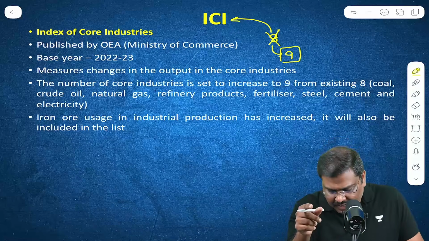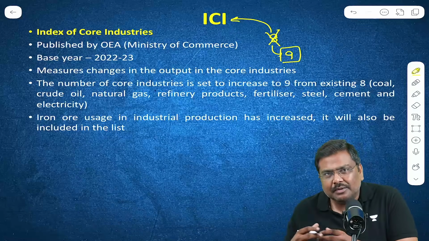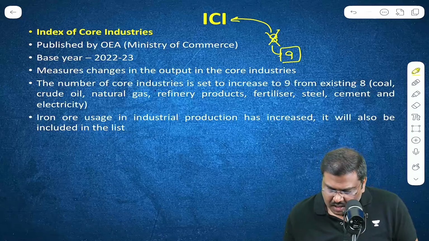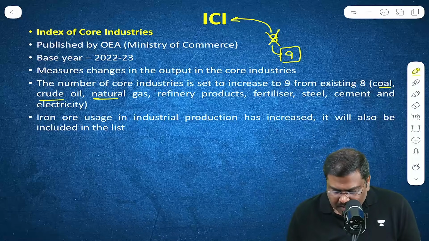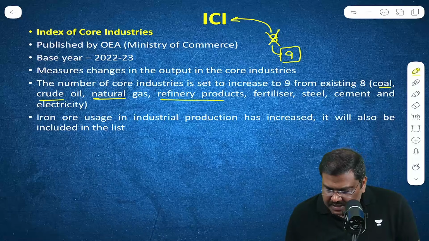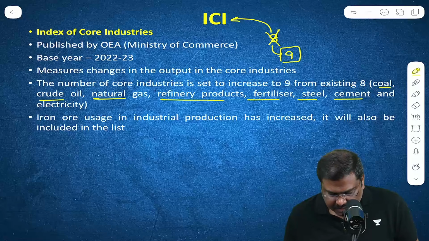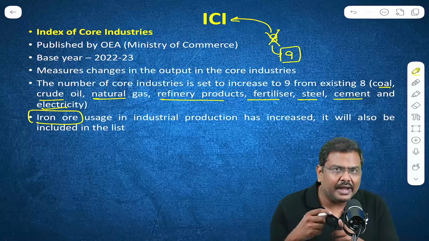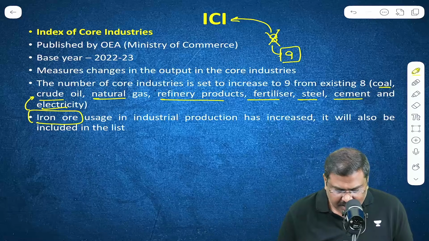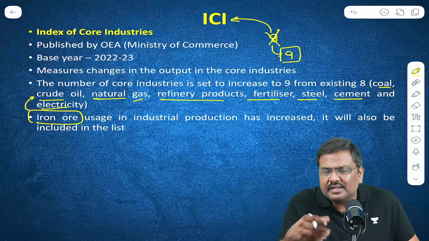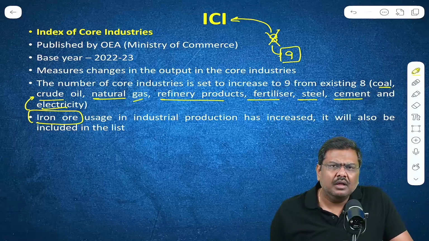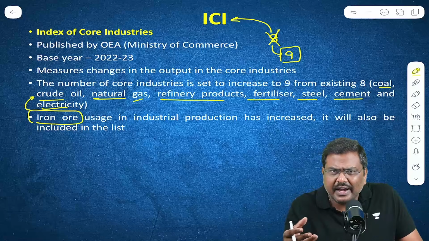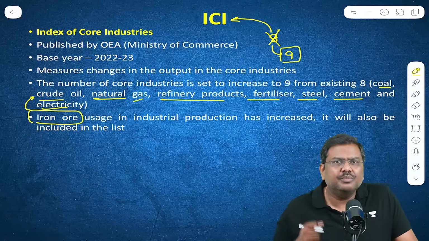This is a potential area. The 8 plus 1, the 9 industries, are coal, crude oil, natural gas, refinery products, fertilizer, steel, cement, electricity, plus iron ore. Iron ore has been covered as the ninth industry, and the reason cited is very simple. There is a lot of volume of trading being produced and consumed in India.